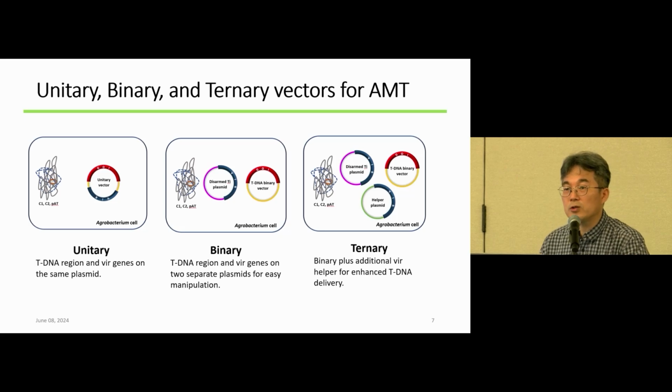More recently, Corteva developed it based on their knowledge with a super binary vector. After this slide, I'll go over them one by one. But what I'm saying here is, if you want to use a ternary vector system to enhance the T-DNA delivery efficiency, you must consider the plasmid compatibility issue.